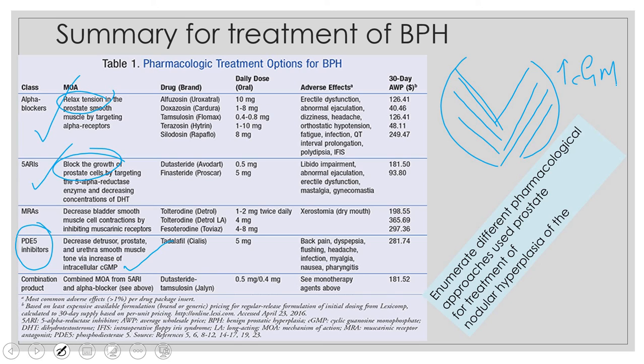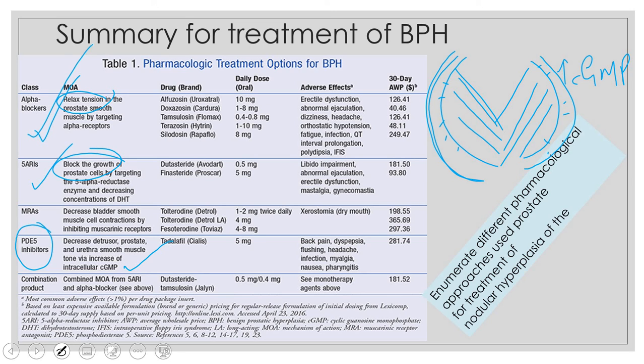When the level increases, the accommodation for urine will be increased. By relaxing these muscles, you increase the urine capacity.